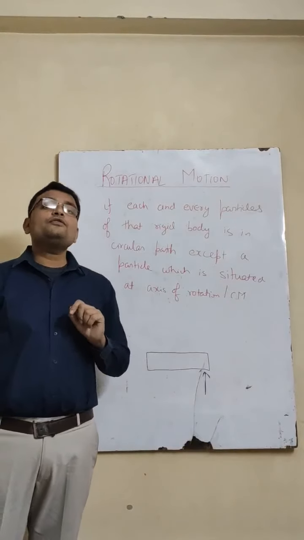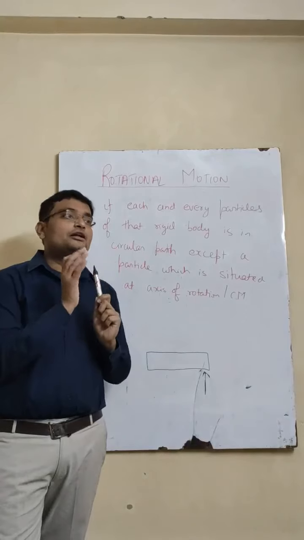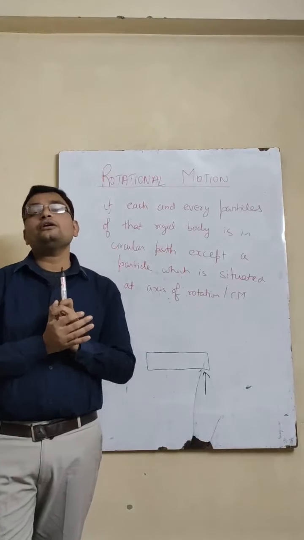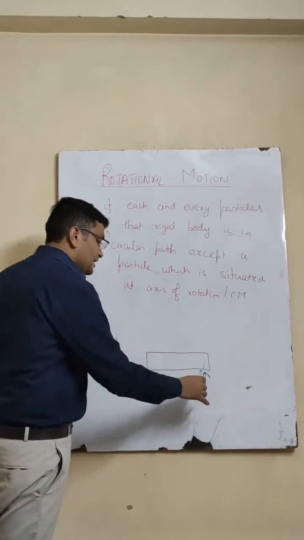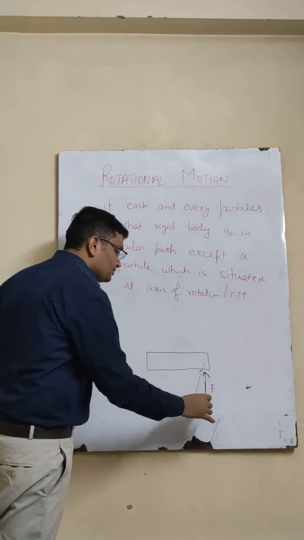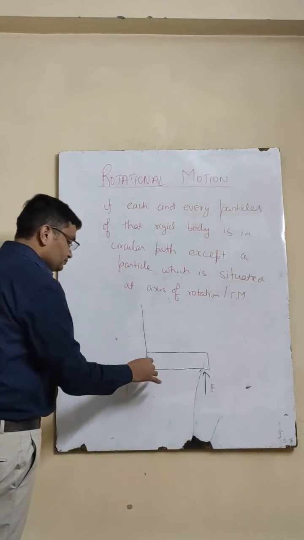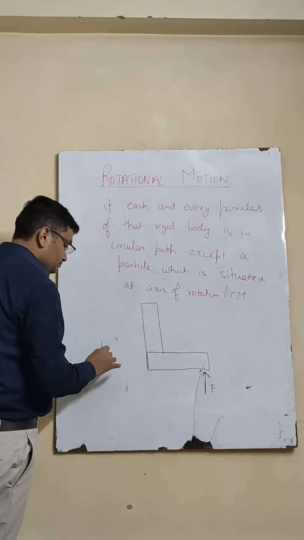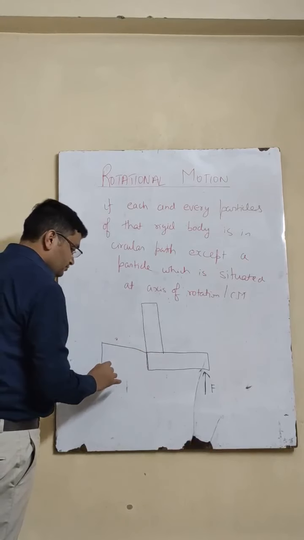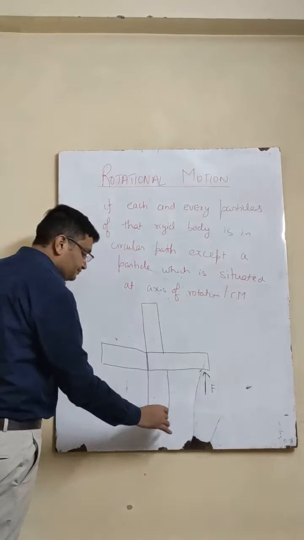For example, when I apply a force with a hammer on a nail, that force can be called an impulse. So here I have applied an impulse at the corner of this rod. Then what happened? This rod starts rotating like this.